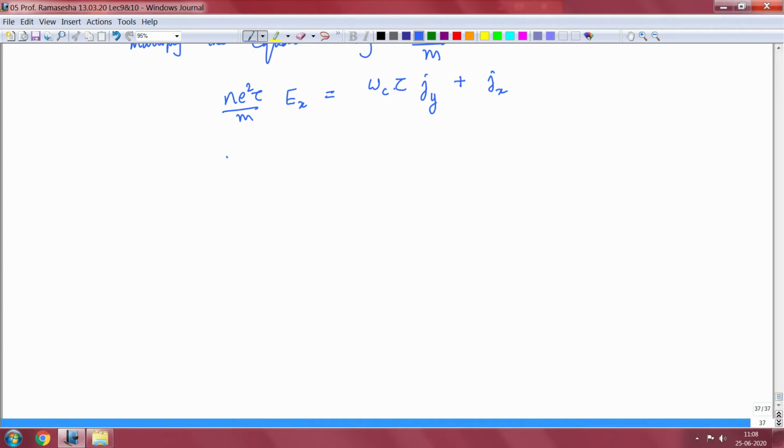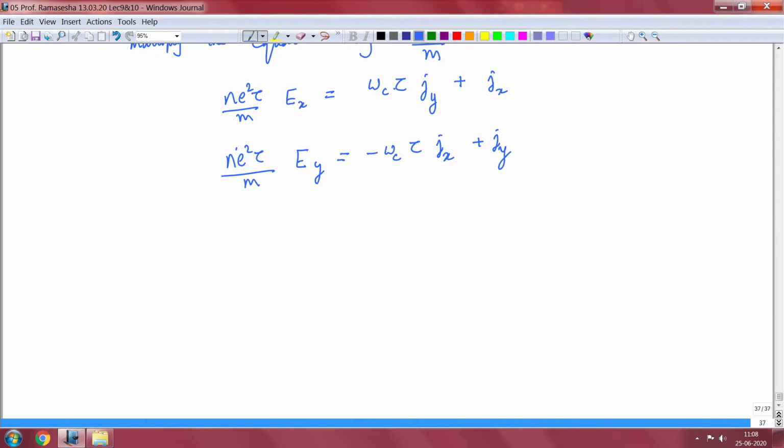And similarly, n e squared tau by m Ey is equal to minus omega c tau Jx plus Jy.